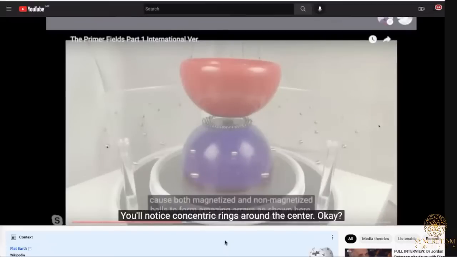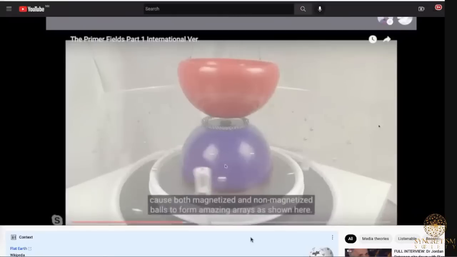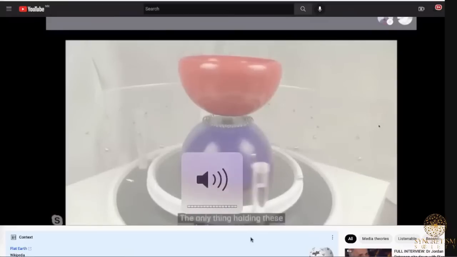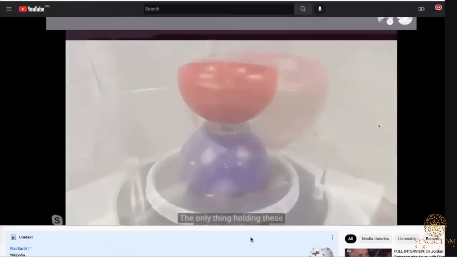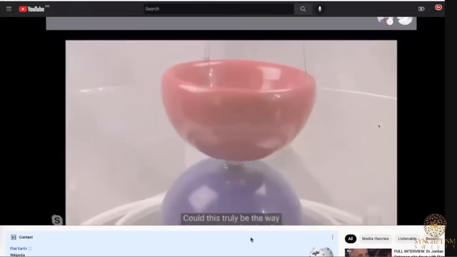And you'll notice concentric rings around the center, okay? Balls to form the amazing arrays shown here. The only thing holding these balls in position are the magnetic fields emanating from these two poles. Could this truly be the way that atomic and molecular structures are properly explained? I believe so.